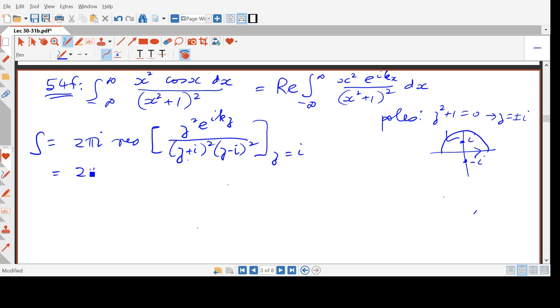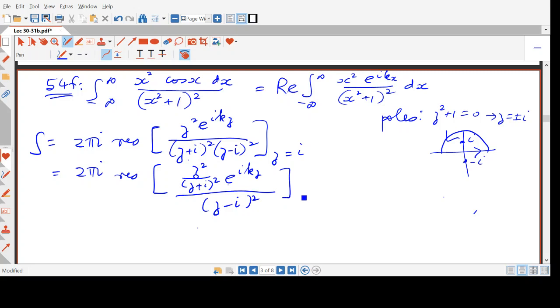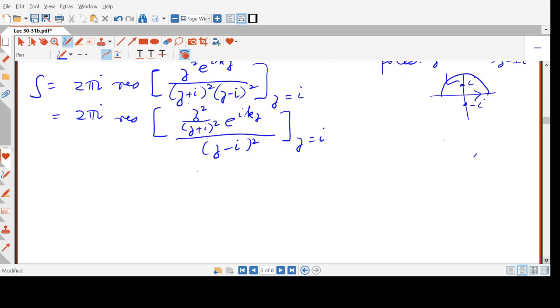So you can say it's 2 pi i times the residue of, let's perform a bit of a disguise here, z squared over z plus i squared, e to the ikz over z minus i squared at z equals i. How does one find a residue of that type?